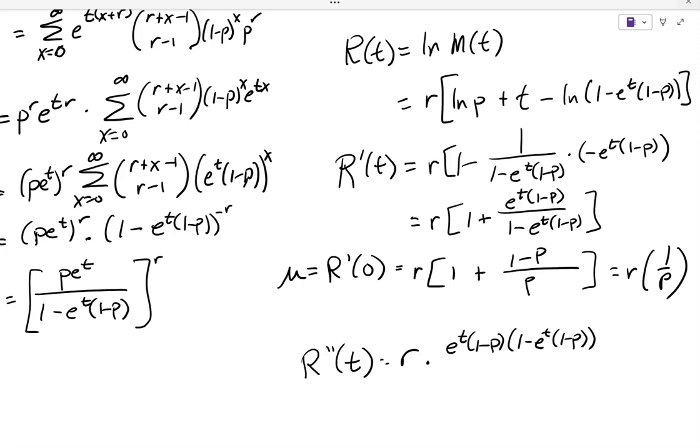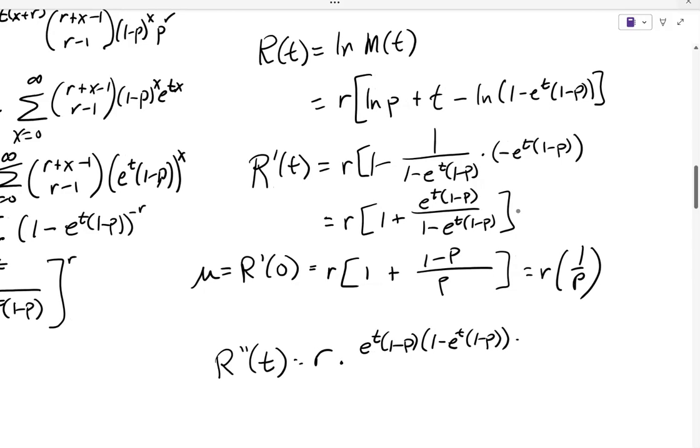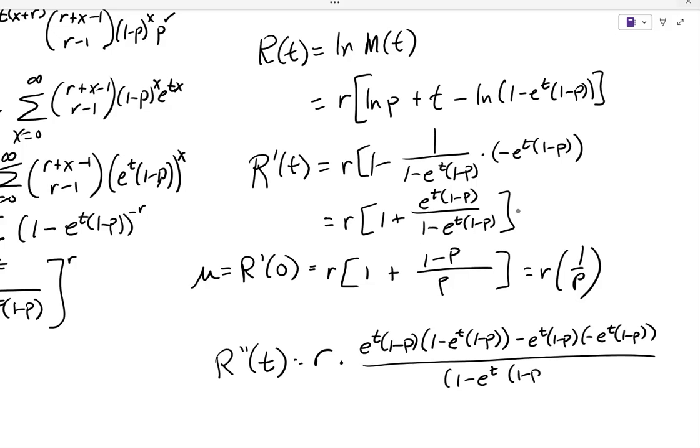Good news is that the derivatives here are easy. It's a constant times e to the t, right? So you get the derivative of the top, which is itself, times the bottom, minus the top times the derivative of the bottom. We did the derivative of the bottom in the previous step, which is why I just wrote it down again. All over bottom squared.